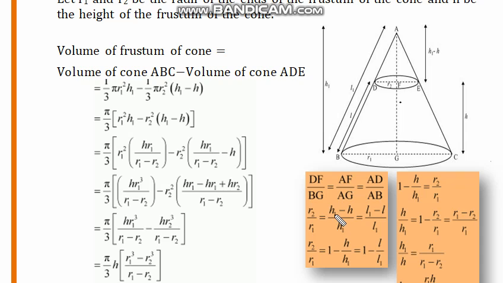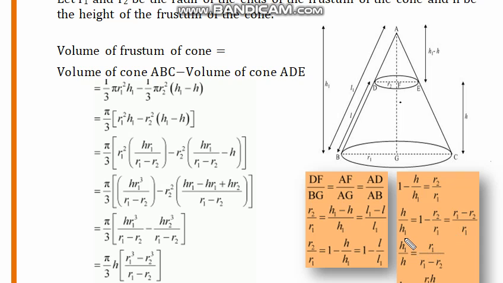Here we can simplify: H1 divided by H1 minus H divided by H1, so we get 1 minus H divided by H1 equal to R2 by R1. We need to find H1, so H divided by H1 goes to one side and R2 by R1 to the other side. We get 1 minus R2 divided by R1, then taking the LCM, R1 minus R2 divided by R1.